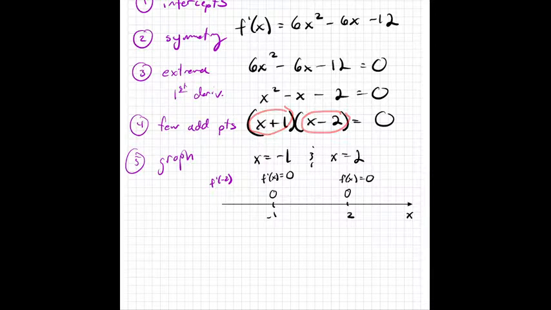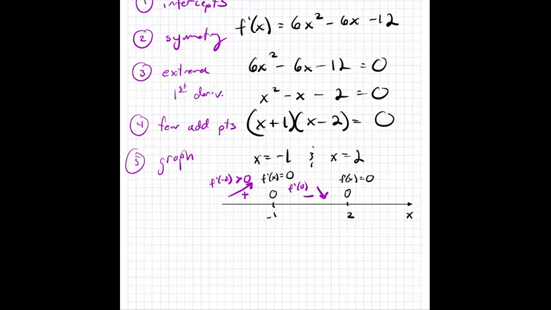So f prime of negative 2 is going to be greater than 0, right? So over here, it's positive, which means the function should be increasing, okay? Let's choose a number between negative 1 and 2. We're going to choose 0, all right? So we're going to consider f prime of 0. So if we plug 0 in, this is positive, this is negative, the original function is negative, which means that the function should be decreasing.